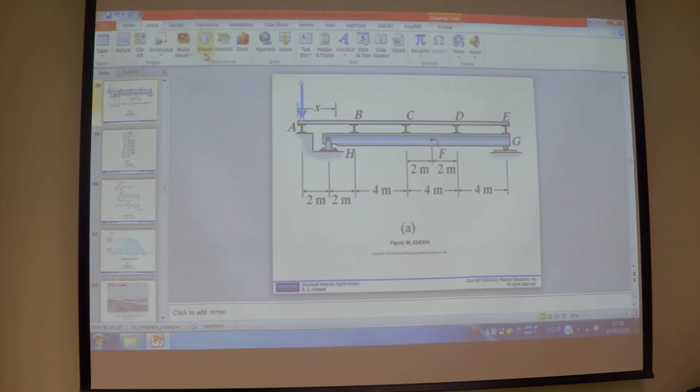It will get transferred to B. And then from B, you'll see the reaction at H. How much will be the reaction here at point B? 0.